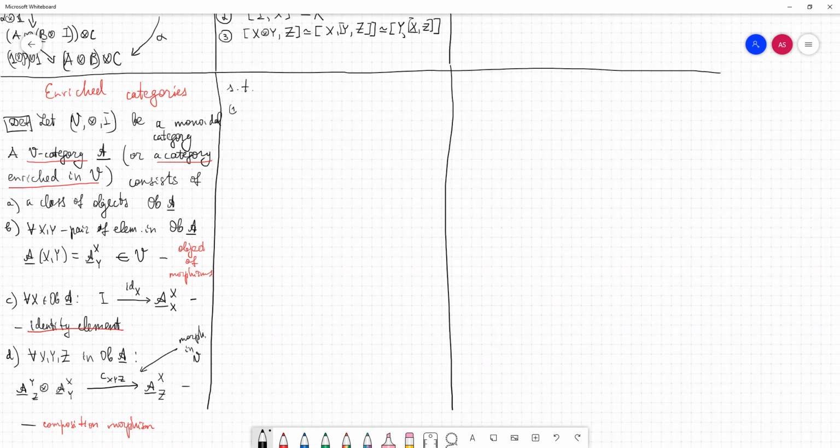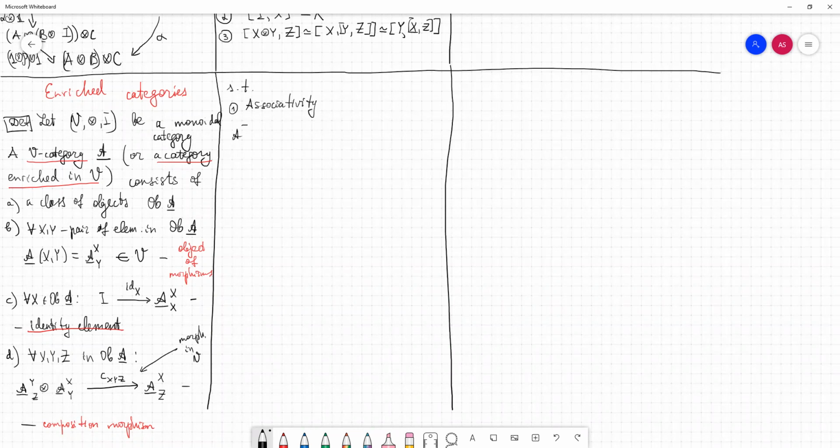First axiom is associativity, and the second axiom is unitality. Let's draw the first one.